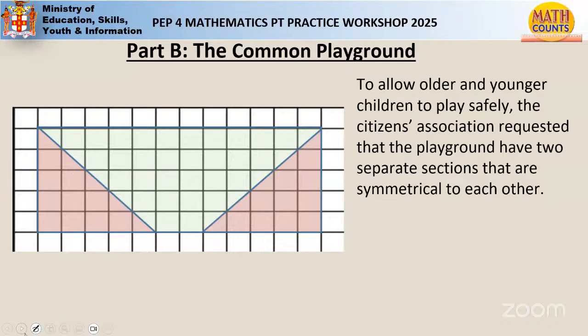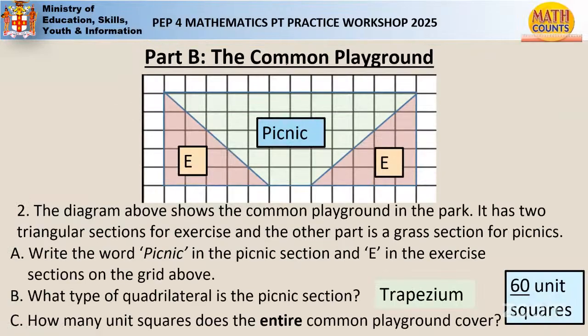Here is another question now. Let me see, I saw some things coming up in the chat. One person also suggested 12 by 5. Let me see how they came up with the 12 by 5. They have 1, 2, 3, 4, 5, so this vertical side is 5 units long.